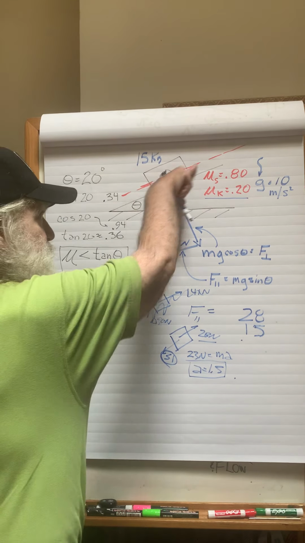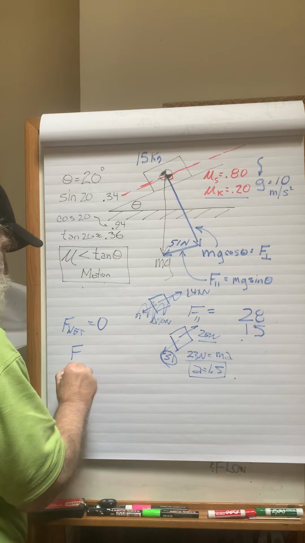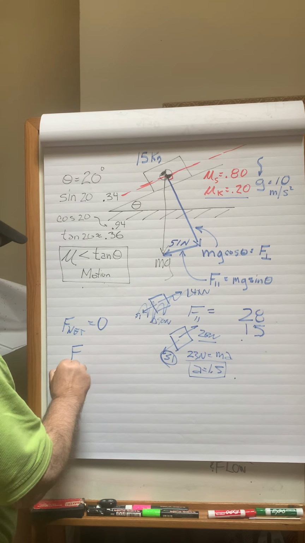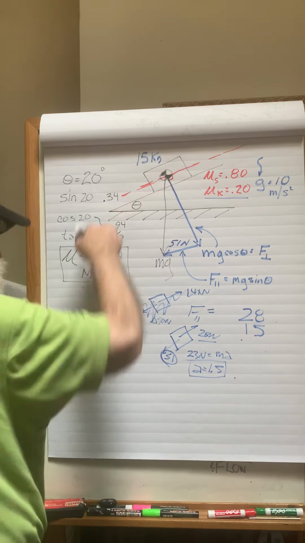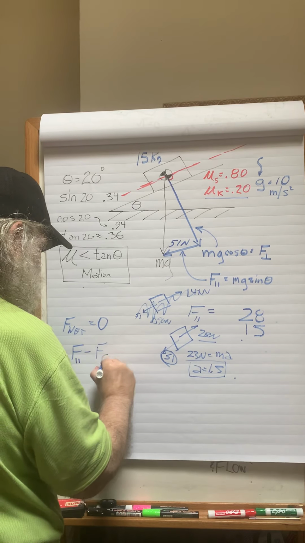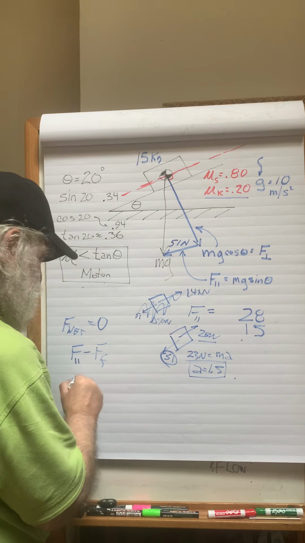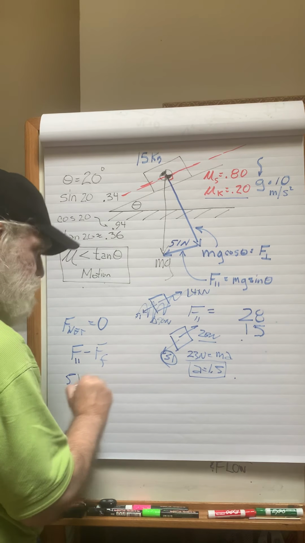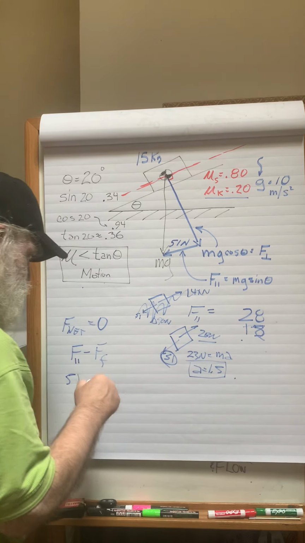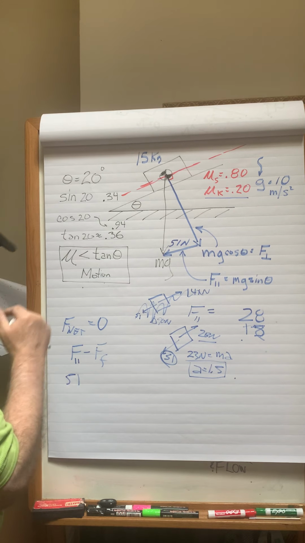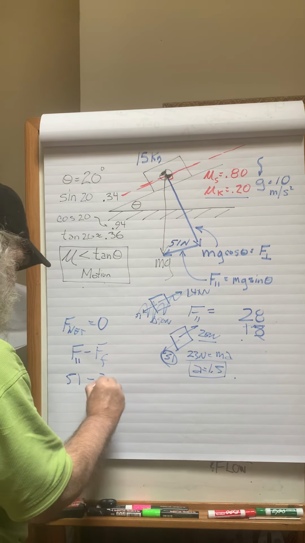So F net is F parallel, that's this force, minus the force of friction. So the parallel force down the plane was the 51 newtons, and the frictional force is 28 newtons.